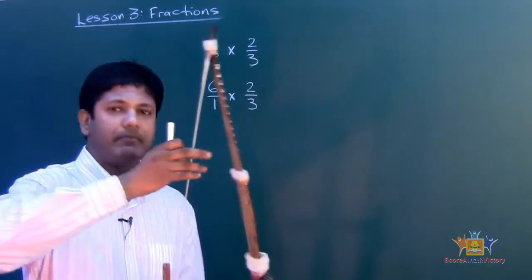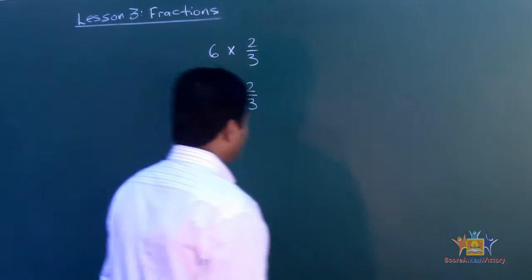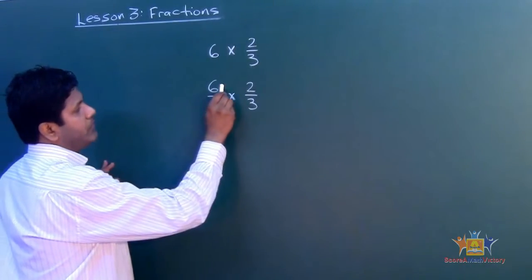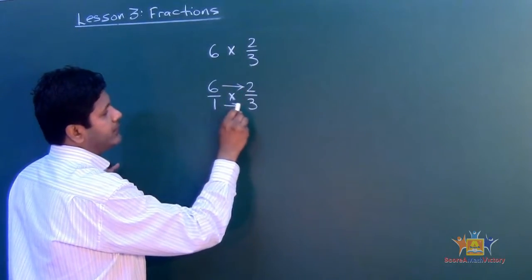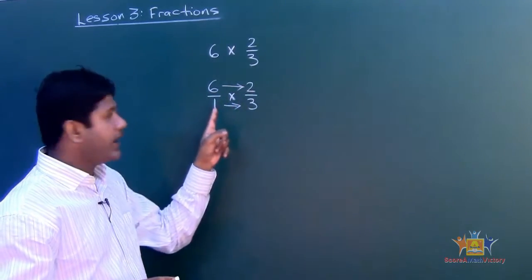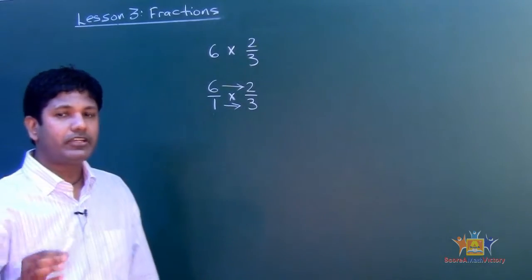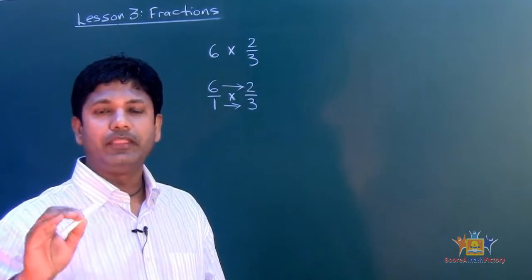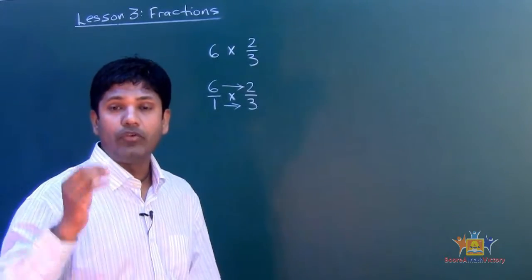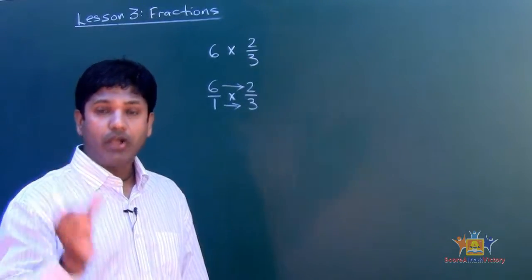Let me explain what I mean by the double arrow method. When you multiply, you multiply the numerator and you multiply the denominator. Remember, with addition and subtraction, we do not mess with the denominator, except we convert it into a common denominator if it's not common.